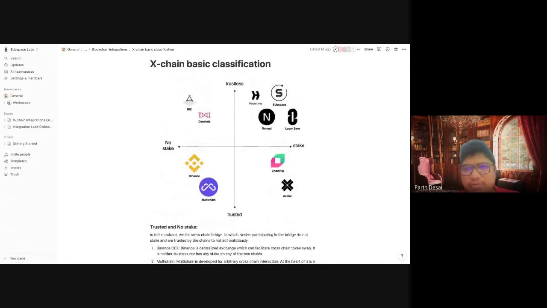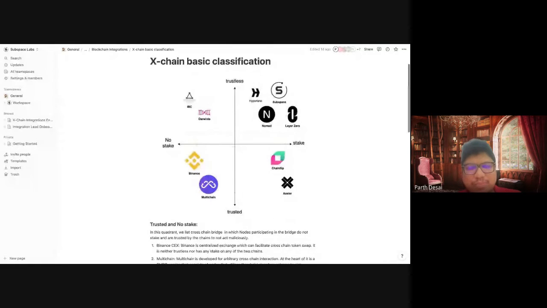So I divided the popular bridges into four quadrants. The first and least secure quadrant is trusted plus no stake, where there are bridges which are trusted by both chains.